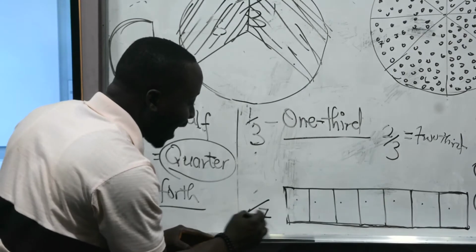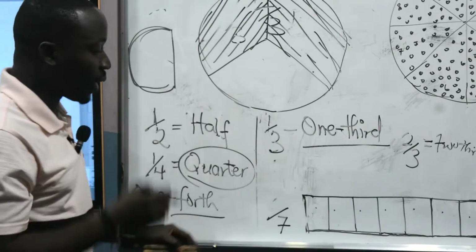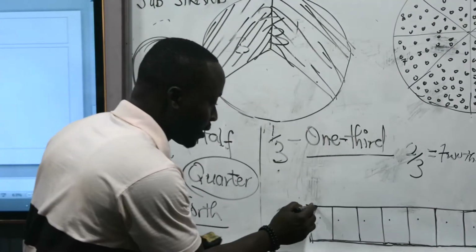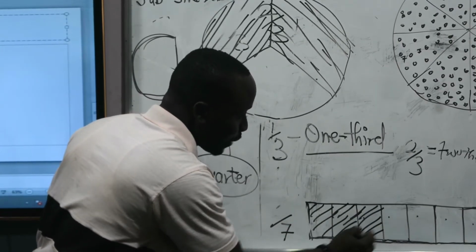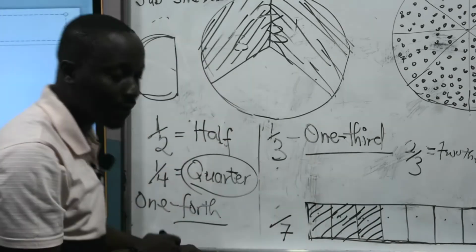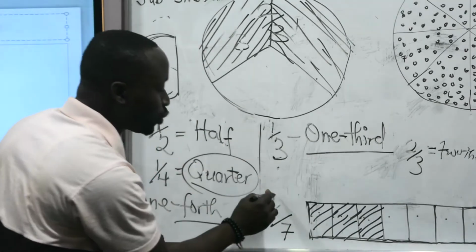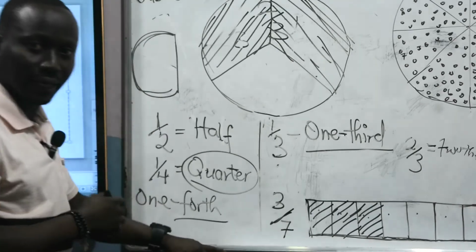So that fraction should be out of 7. Therefore, if I manage to shade 3 out of the 7, this fraction can be referred to as 3/7.